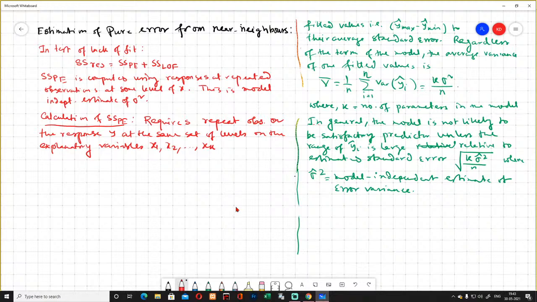In practice, repeat observations do not often occur.